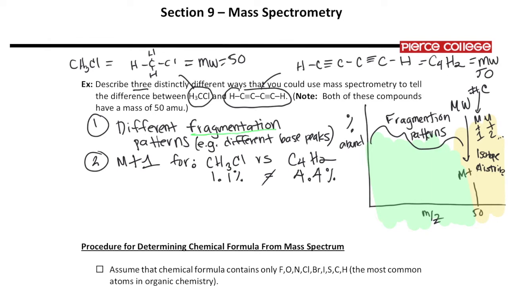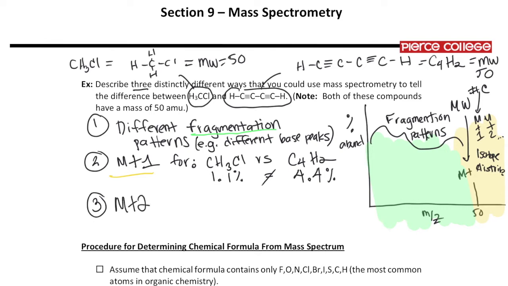So we're going to kind of highlight these differences here. Now, M plus 2 could play a role if you have any of the atoms in the formula that give you information about M plus 2. So the one with only C's and H's, C4H2, would not have anything to show in the M plus 2 peak.